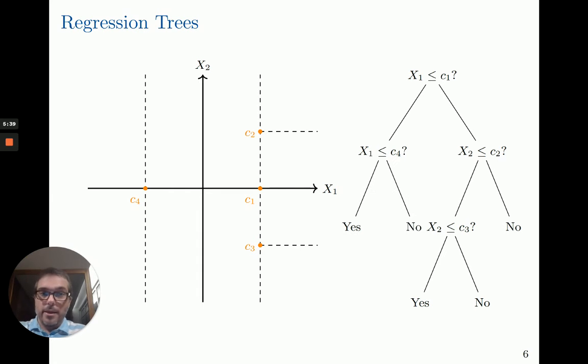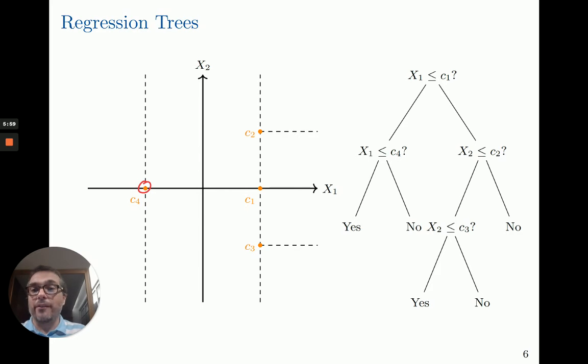Okay? And then we can try another one. Now look into the case where x1 is in fact smaller than or equal to c1, and then ask another question. Is x1 smaller than or equal to c4? And then we have here another division.